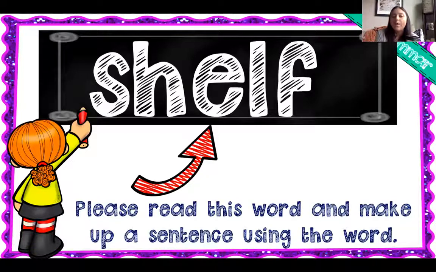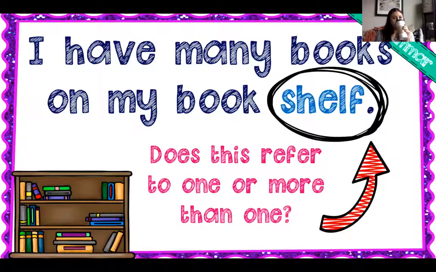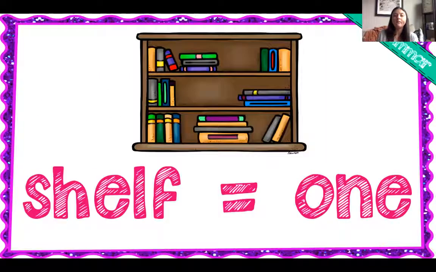Now, when a word ends in F, let's see, like shelf. I had to place the book back on the bookshelf. I have many books on my bookshelf. Does this refer to one book or many books? Just one book, singular. So shelf equals 1.